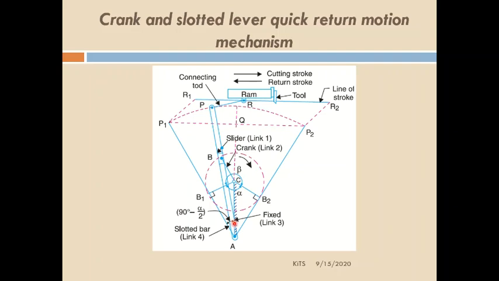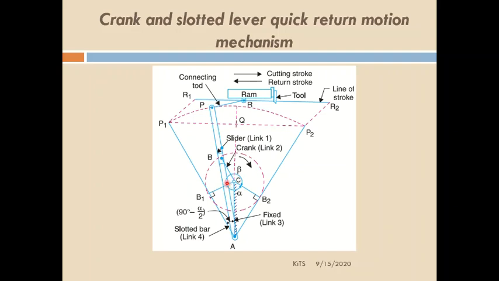cutting angle and angle for return stroke. Forward stroke angle alpha. When the crank travels from this point to this point, cutting tool move in the forward direction. That is, ram will move in the forward direction. At that time it will remove the material.